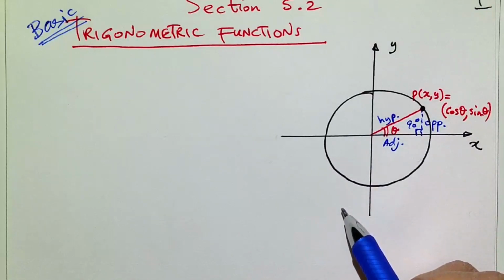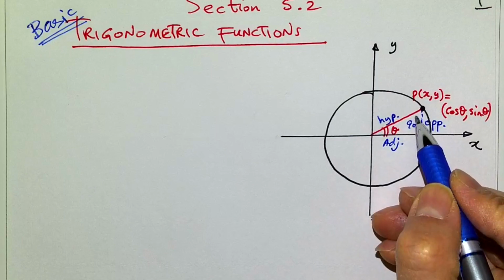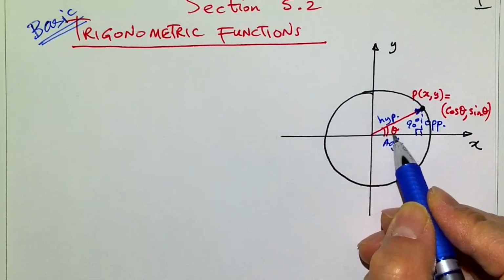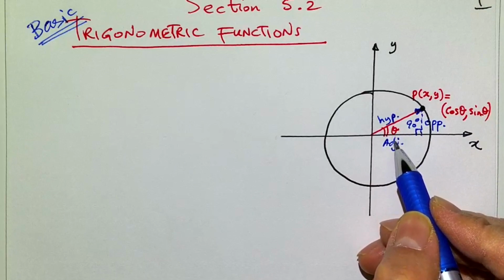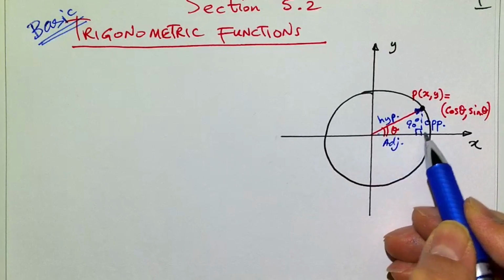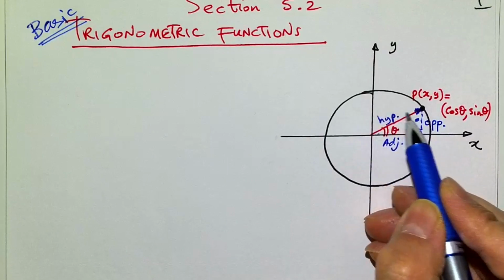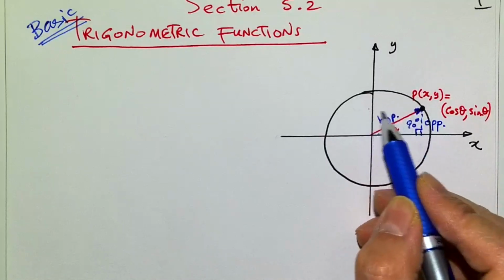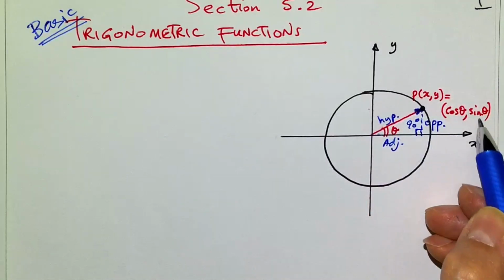right triangle. Now, this being the terminal side of this angle theta, it has what we call projections on the x-axis and projections on the y-axis. The projection on the y-axis is determined by the sine of theta.